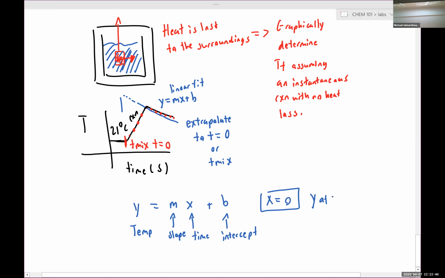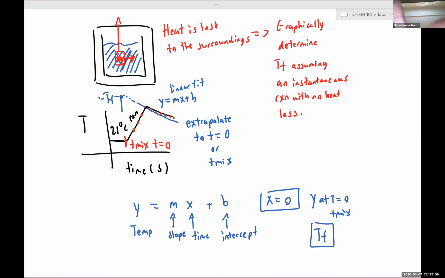So the Y at T equals 0, which is T mix, is going to be your T final. So this temperature right here is going to be your T final, and you're going to read the temperature from the graph. Does that make sense, how we're going to graphically determine T final?